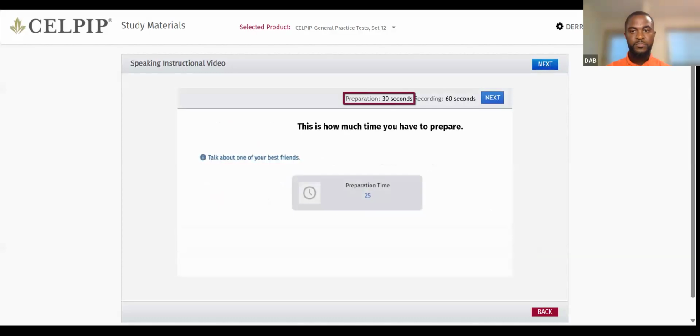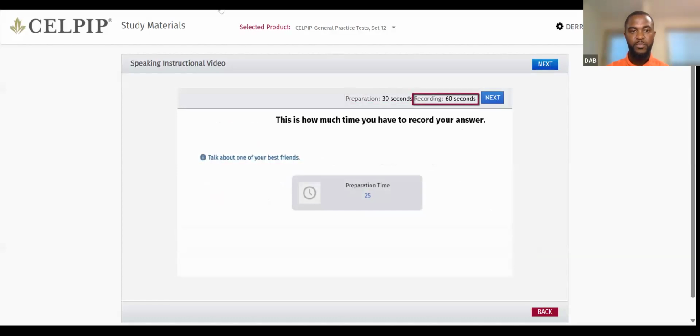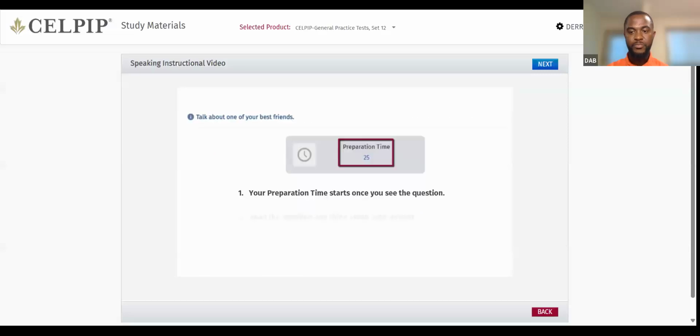The speaking test is 20 minutes. This is how much time you have to prepare, and this is how much time you have to record your answer. Your preparation time starts once you see the question.